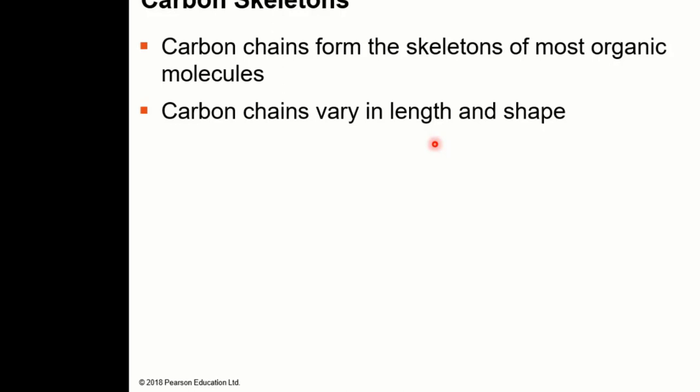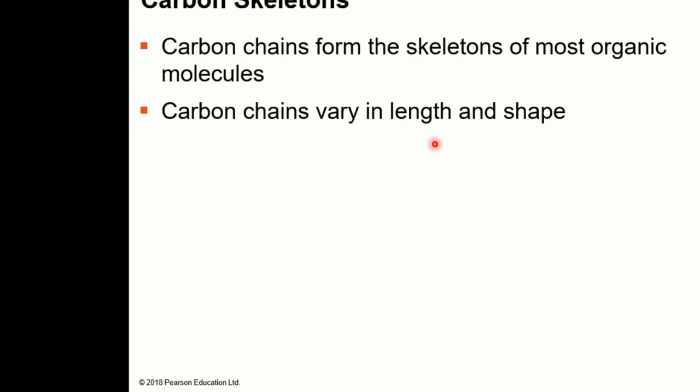Still nothing. All right. So molecular diversity arising from variation in carbon skeleton is just that the carbon chains, the skeleton of most organic molecules, vary in their length and shape and structural formation.